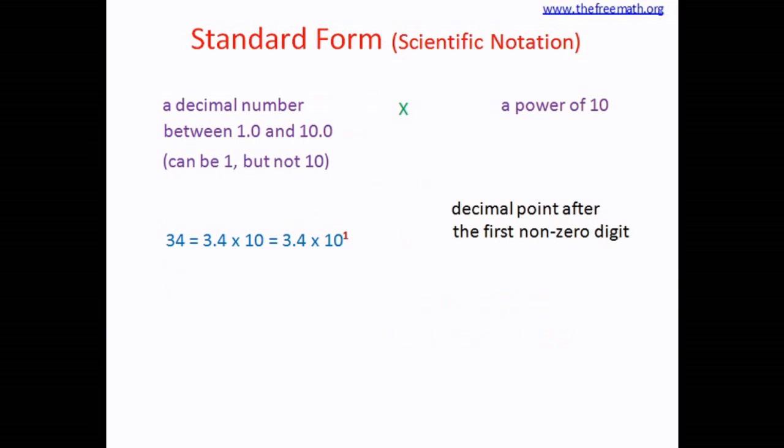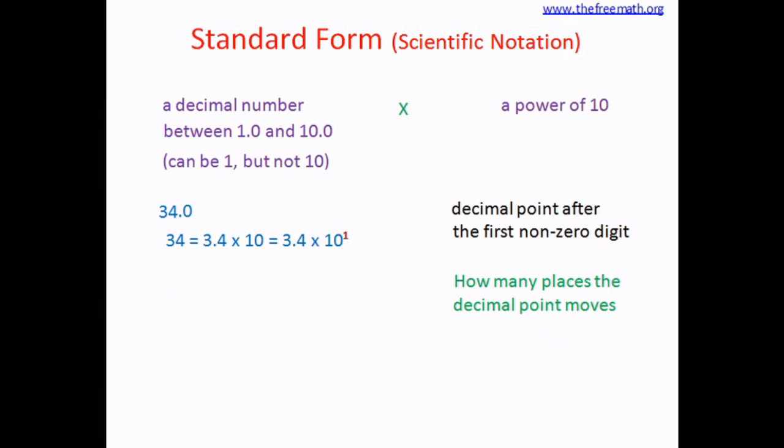And this can be figured out by counting the places the decimal point moves. That means you check how many places the decimal point moves, and based on that you can write the power of 10. What does this mean? If you look at this number 34, 34 is really 34.0. For whole numbers, we do not write the decimal point, but it is there even if we do not write it.